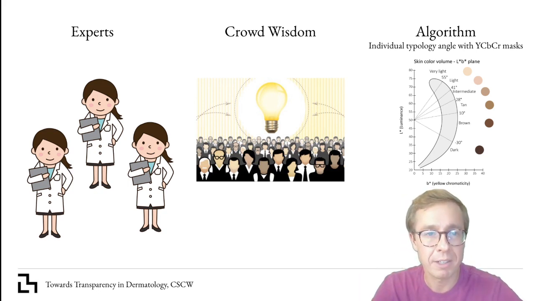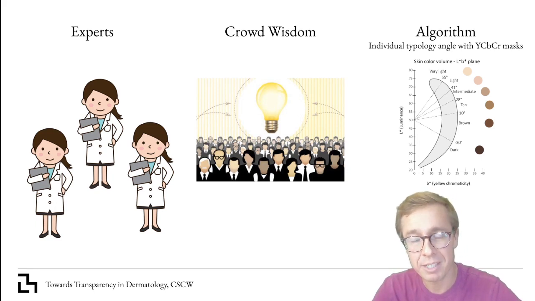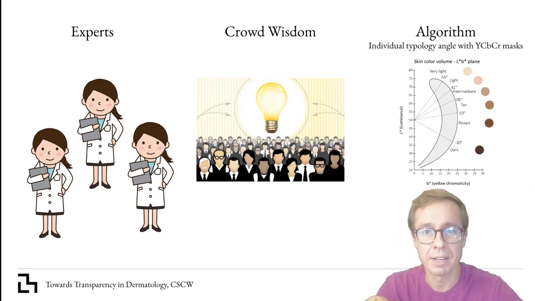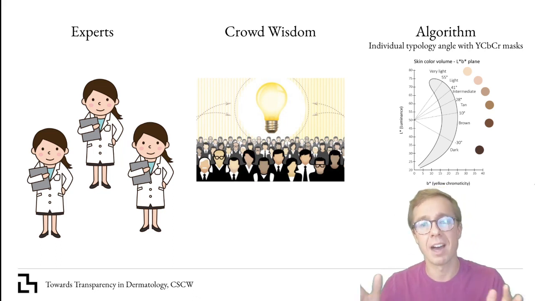And we specifically use a YCbCr mask, and what that does is it masks out non-skin-like pixels in an image such that you can avoid clothing or backgrounds that are otherwise not skin-oriented.